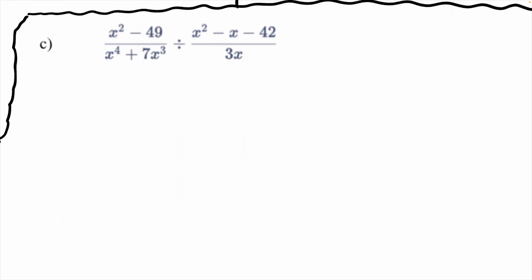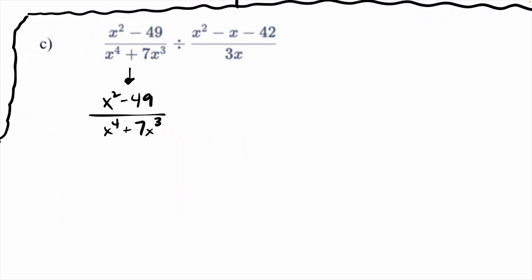So what does that mean? It means the first fraction we keep. Don't change anything about the first fraction. Leave it the way it is. Keep. That's what keep means. Change.